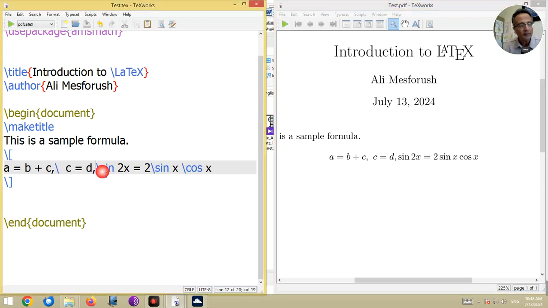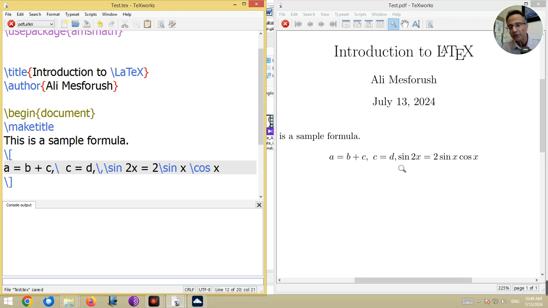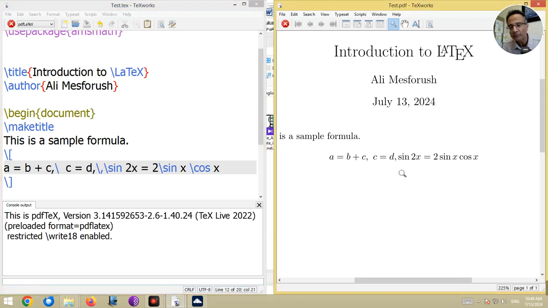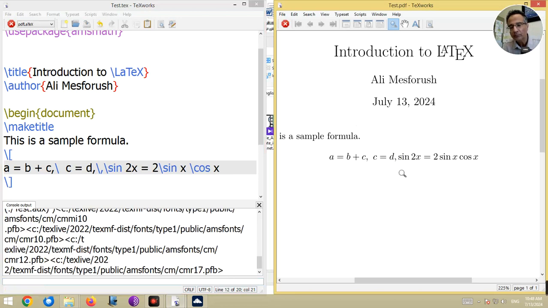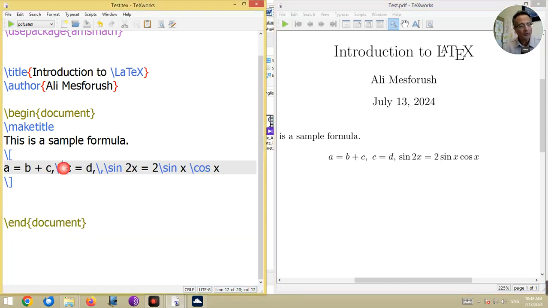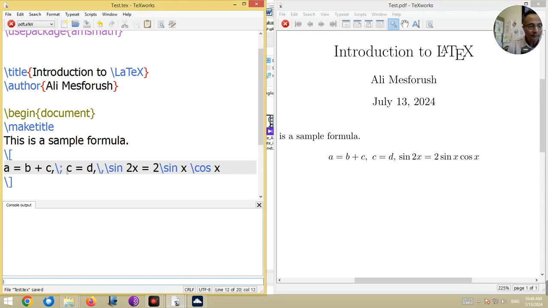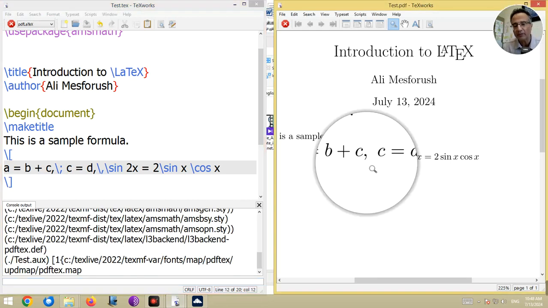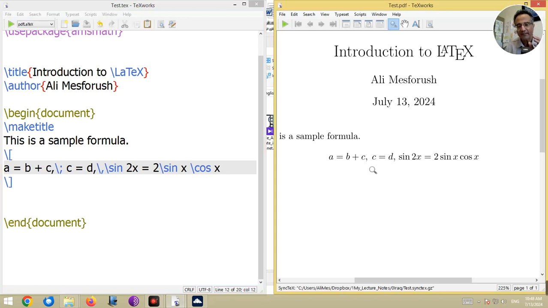Or for example here, if I put backslash comma, look at the output here, exactly here. Look a little more. Also you can use, for example, backslash semicolon, and you can have in fact another space here. It's a little less, okay? It's less than backslash space and more than backslash comma, okay?